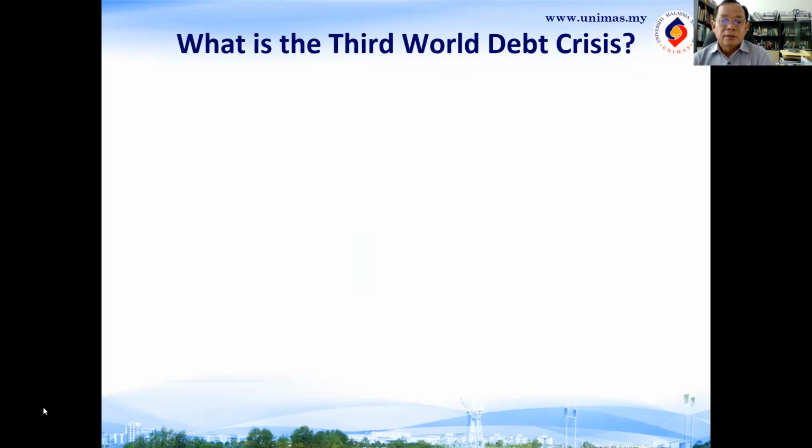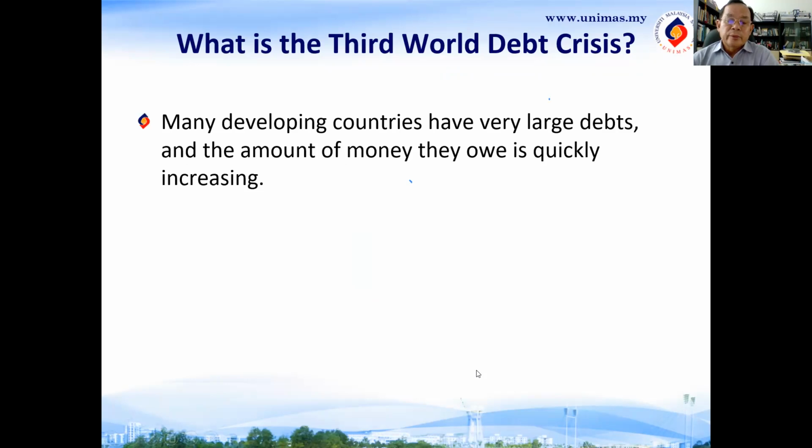Right. So what is the third world debt crisis? Just a bit on that. Apa itu debt crisis? Okay. So many countries having borrowed so much, they have large debts, and the amount of money they owe is quickly increasing, but having difficulty to pay back, because of the poor performance in terms of the investment, daripada uang yang dipinjam tadi.